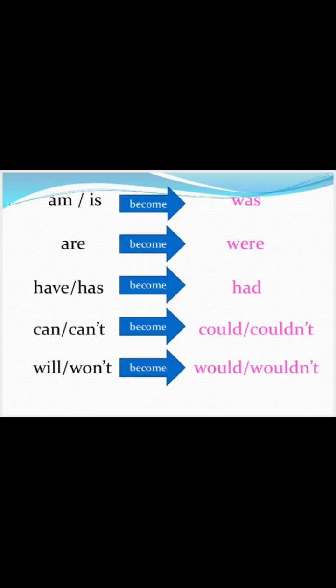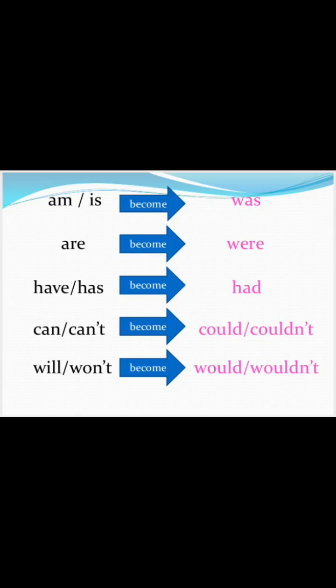Similarly, if there is are, that means the sentence is in present tense with a plural subject, then that is to be converted into were while converting into indirect speech. If there is has or have, this means the sentence is in present perfect, then this has to be converted into past perfect by adding had.